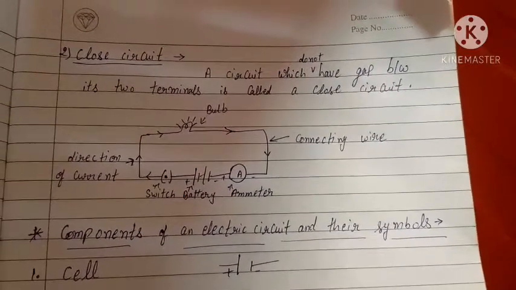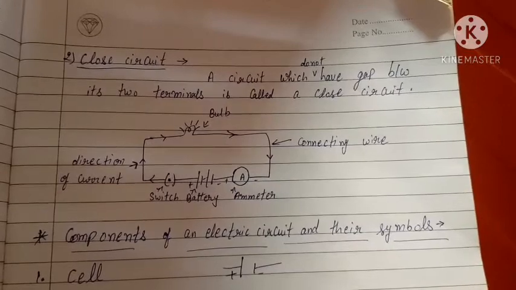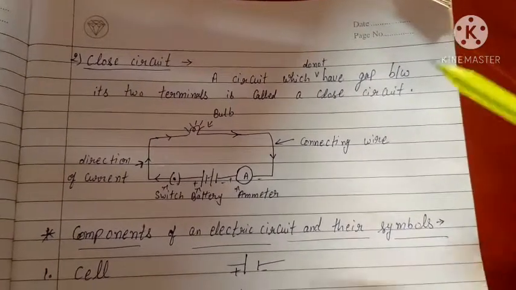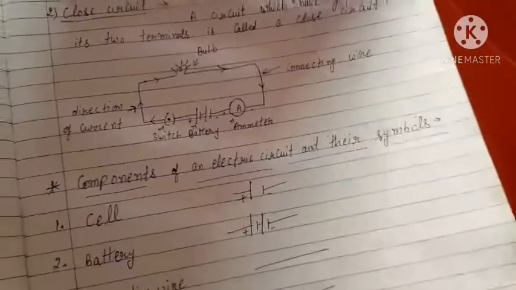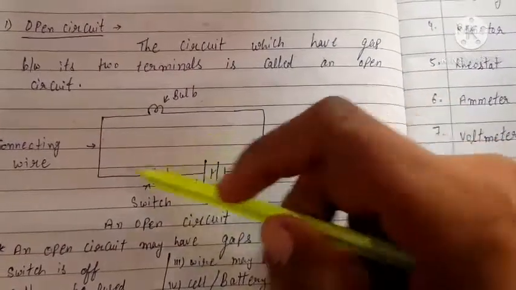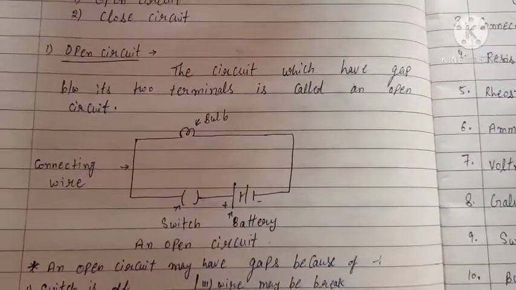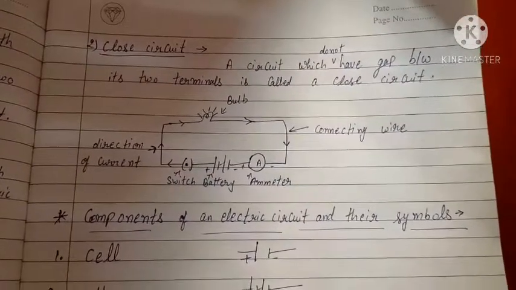Now let's talk about the closed circuit. A circuit which does not have a gap between its two terminals is called a closed circuit. That means if in this same circuit I finish up the gap, that is, if I turn the switch on, then this circuit will be known as a closed circuit. Like this.